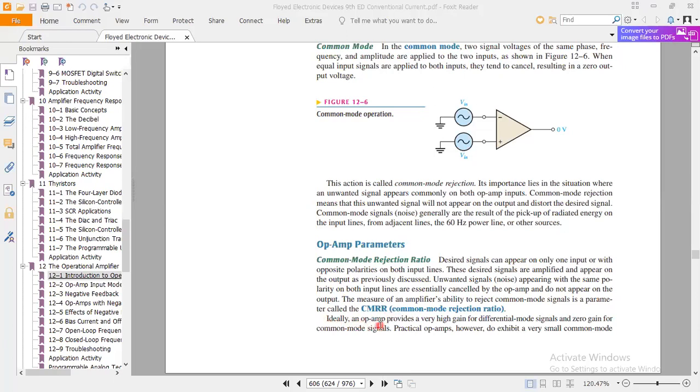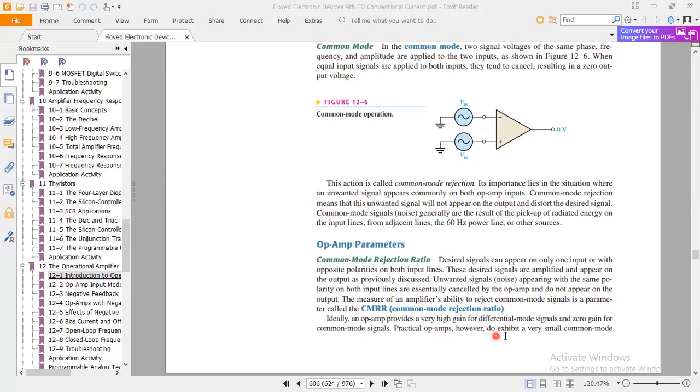Ideally, the same scenario of common mode rejection ratio applies in the op-amp, as we already discussed for BJT and FET amplifiers. An op-amp provides a very high gain for differential mode signals and zero gain for common mode signals.